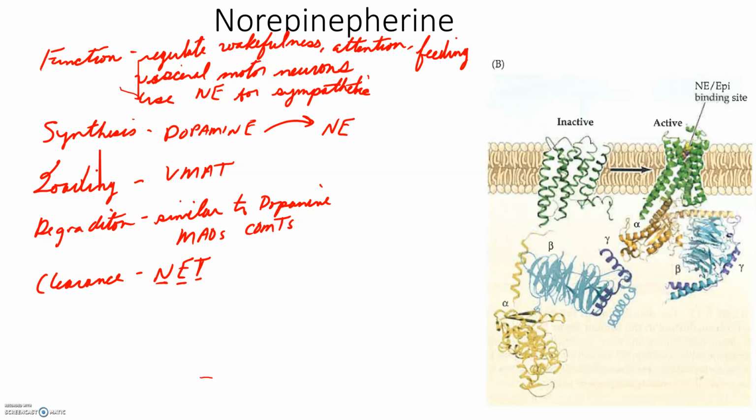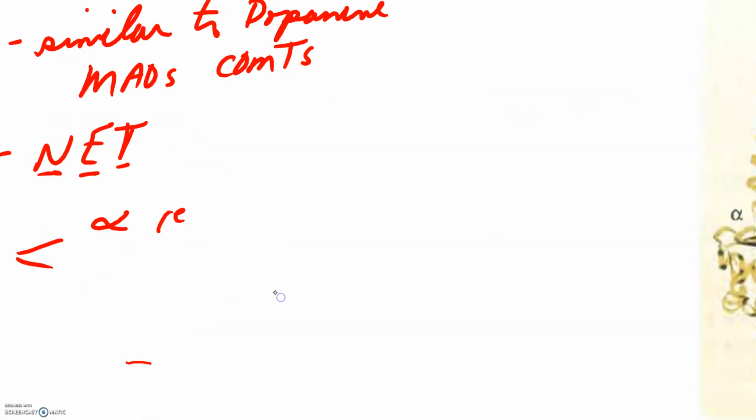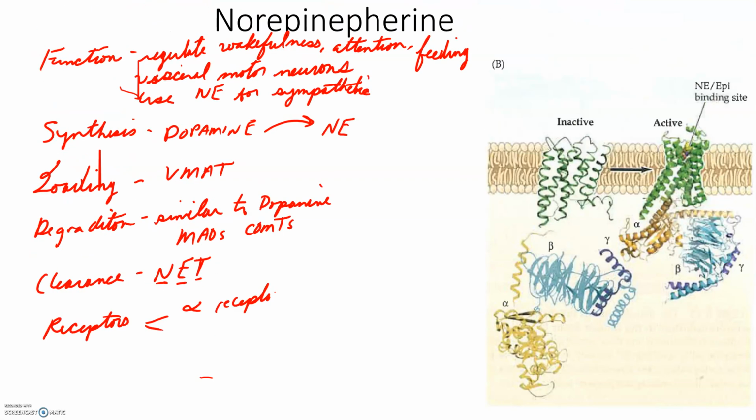The receptors are where we see the majority of differences, so we'll talk about the receptors next. Always G-protein coupled receptors, and there are two types, and beyond that there are subtypes. There are alpha receptors and beta receptors.